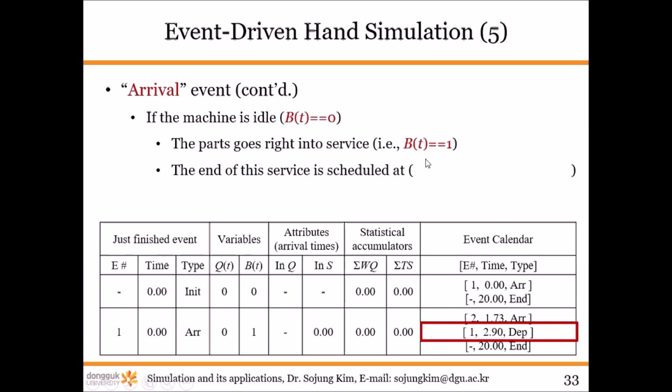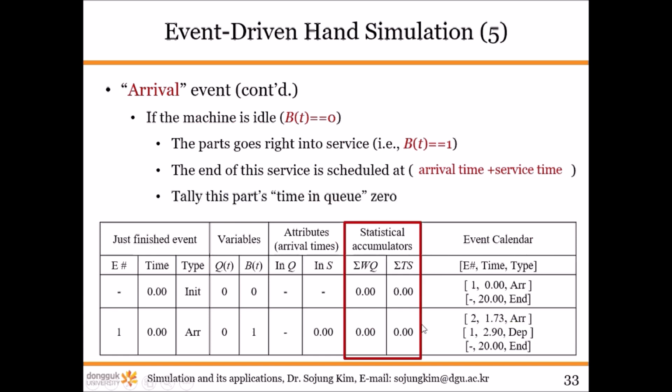And then the end of this service is scheduled at arrival time plus service time. Arrival time was 0, and the service time of the first part was 2.9. So we will have a departure event at 2.9. Got it? So basically there was no waiting time for the first part.